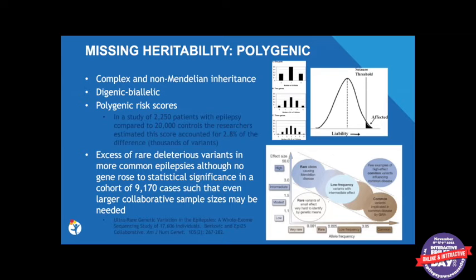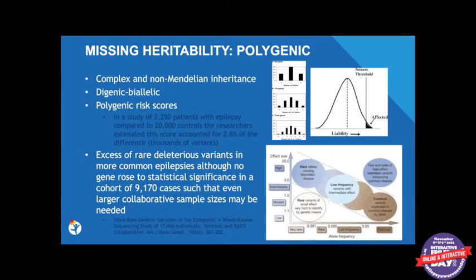And if we think of that normal curve as something about a risk for epilepsy or liability towards epilepsy, it may be that as a number of those different variations combine, at some point you cross a threshold, and that is when spontaneous seizures occur and epilepsy is diagnosed, like a seizure threshold.